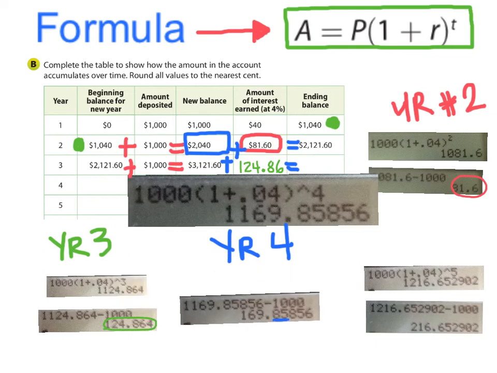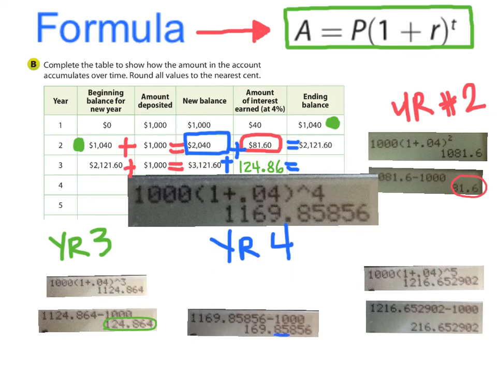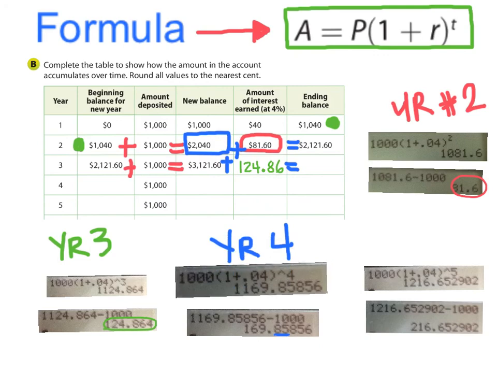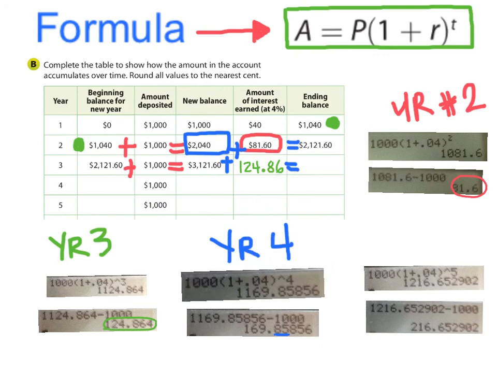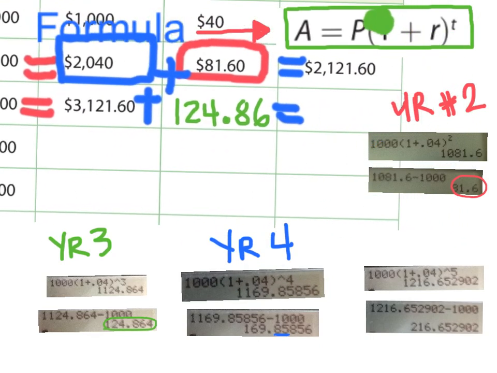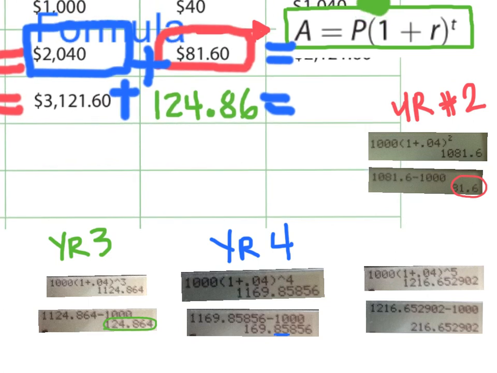Let me shrink these and get them out of the way. I'm going to make my chart bigger so I can write this in. The amount of interest this time was $169.86 because it rounded up.